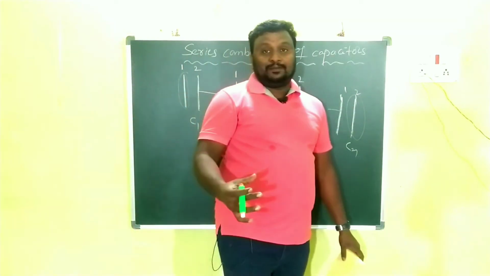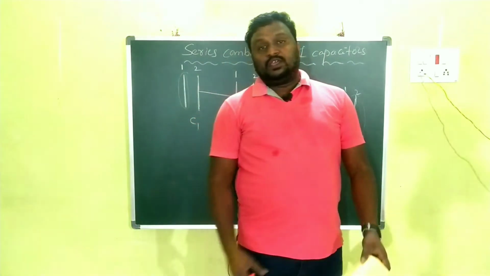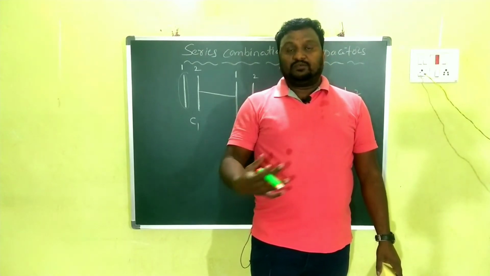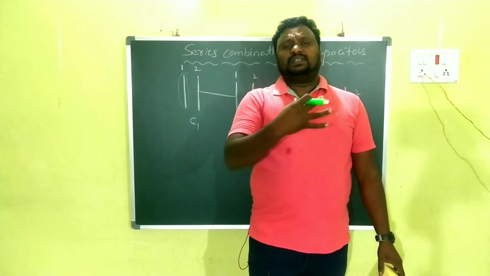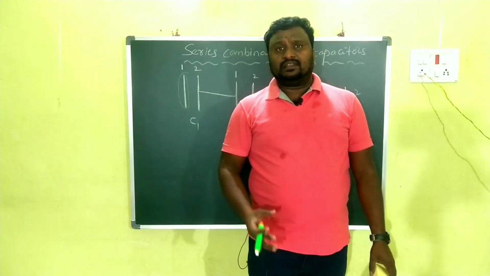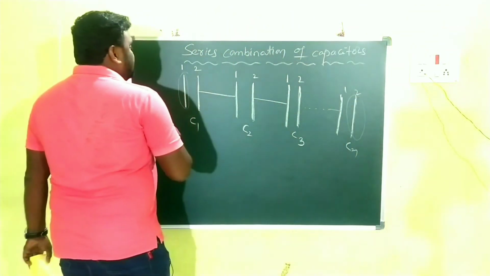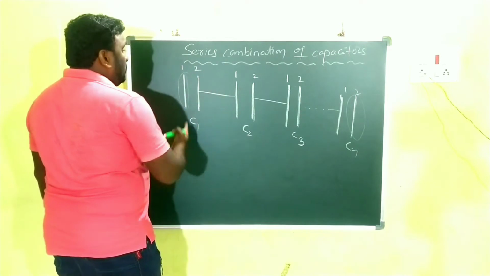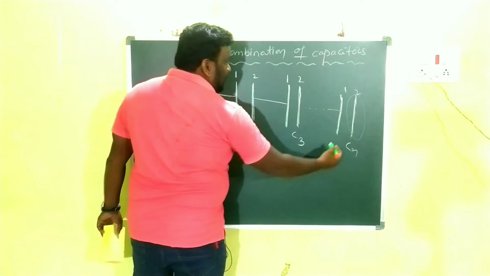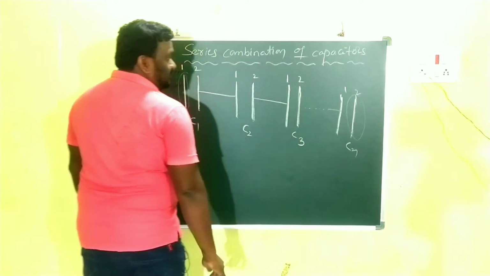Here the number n: if you take 4 capacitors then the n value is 4, if you take 5 capacitors, the n value is 5, like that. Generally here we are saying n number of capacitors, where the nth one is the last one. Clear? In this combination, the first capacitor's first plate and the last capacitor's second plate are left, and all the remaining plates are joined together.